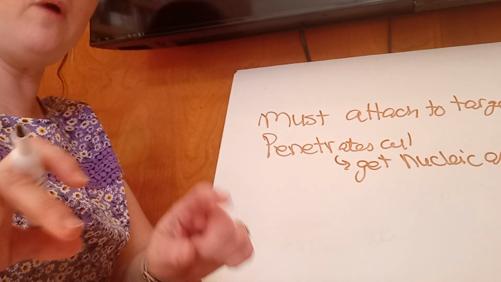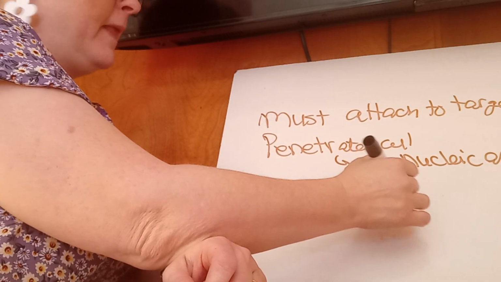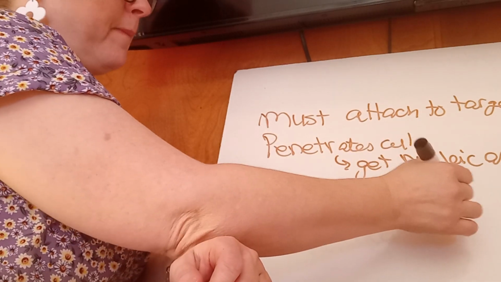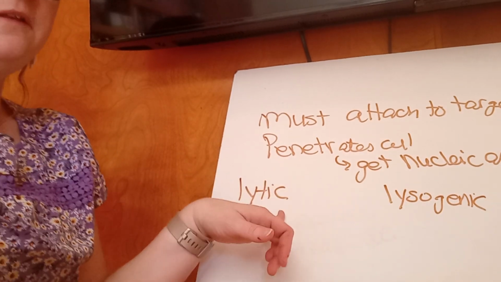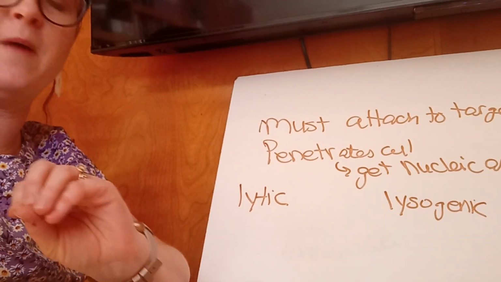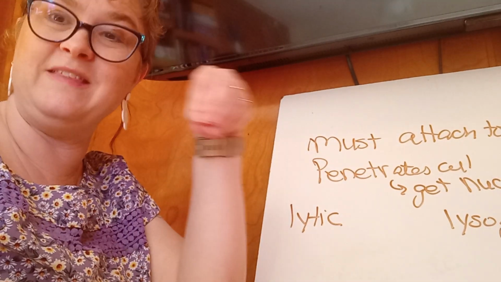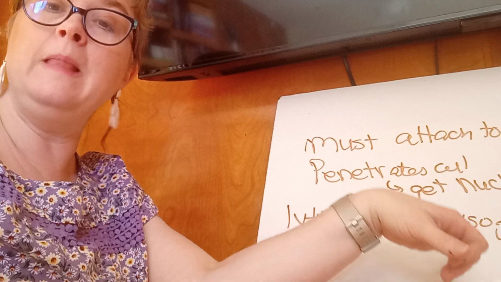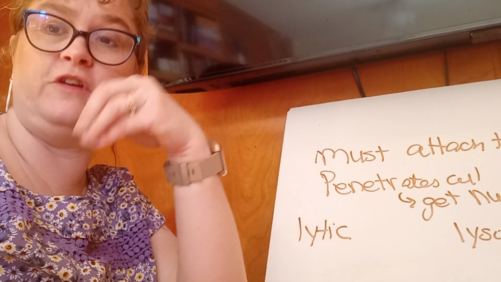Okay, so we have 2 versions here. We have lytic and lysogenic. Lytic reproduces using the cell's biochemistry. So it just goes in and uses the proteins and things within the cell. Lysogenic inserts into the host genome.